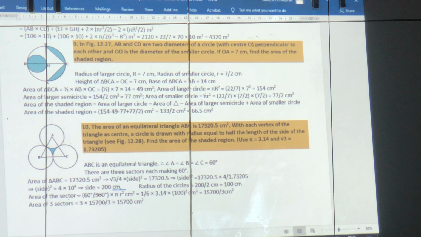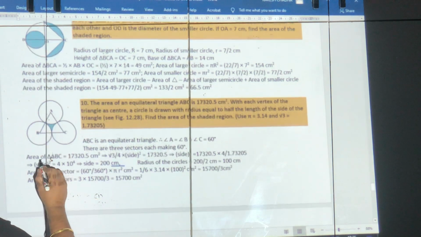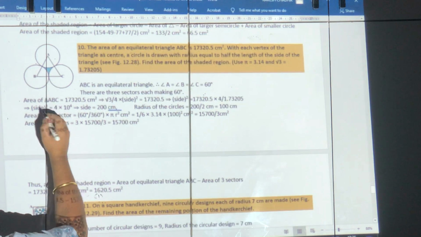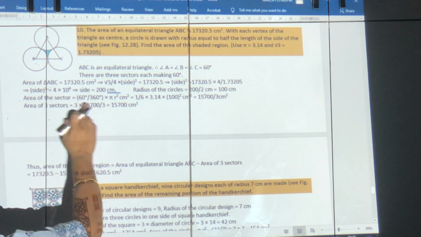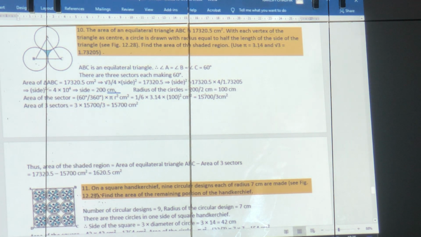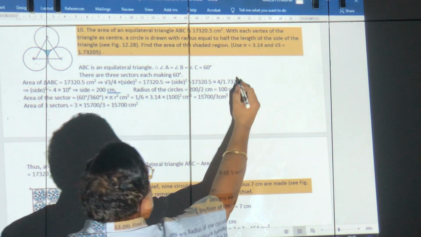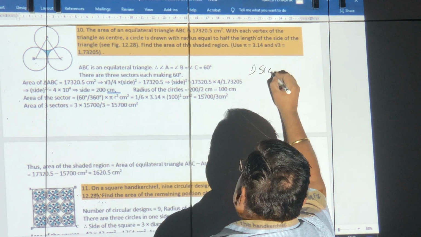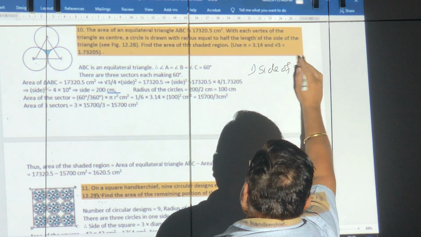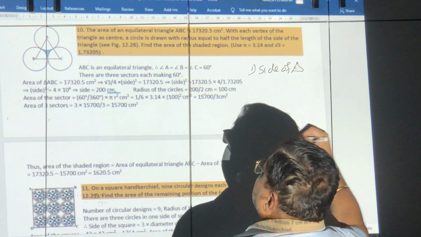Area is given of the triangle. Now the radius is equal to half the length of the side of the triangle. So I need the side of the triangle. How am I going to find the side, my friends? I am going to find it by root 3 upon 4 into side square. Area is already given. I must first find the side of the triangle.